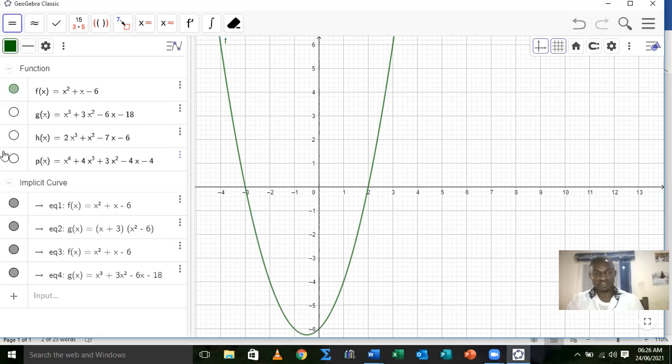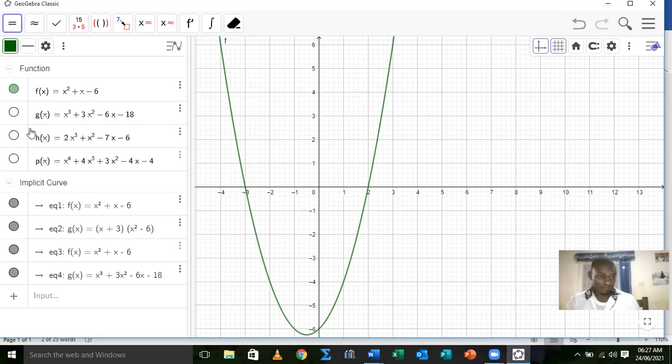And from the factors, we do notice that x plus 2 into x minus 2 into x plus 3 shows that there is a root at -3 and there is a root at 2, which can be clearly seen from this graph.